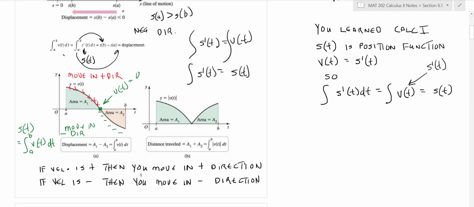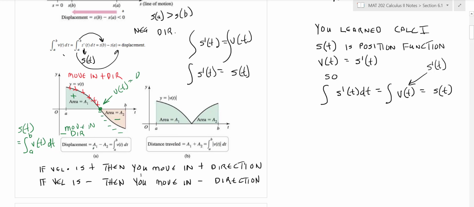So you have this area here. That region is going to give you a positive value. If you did the integral from a to here, you would get a region represented by a positive number. But this is all below the x-axis, so from here to here, you would have a negative.